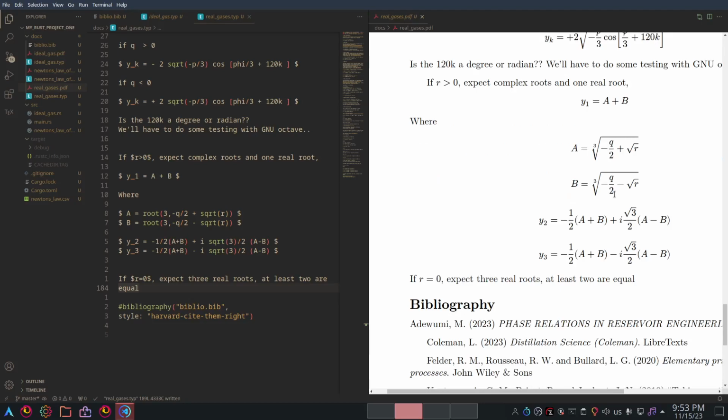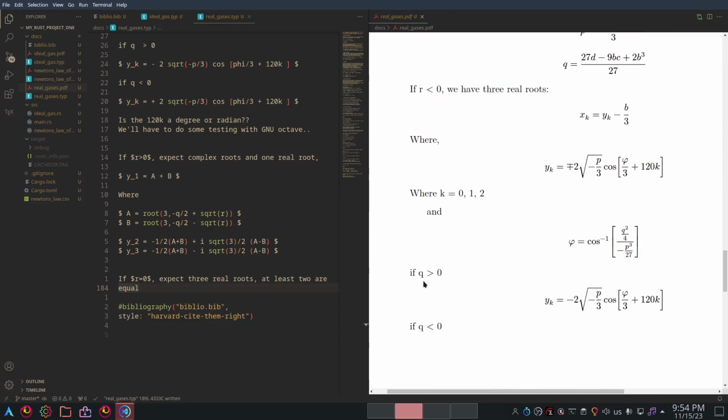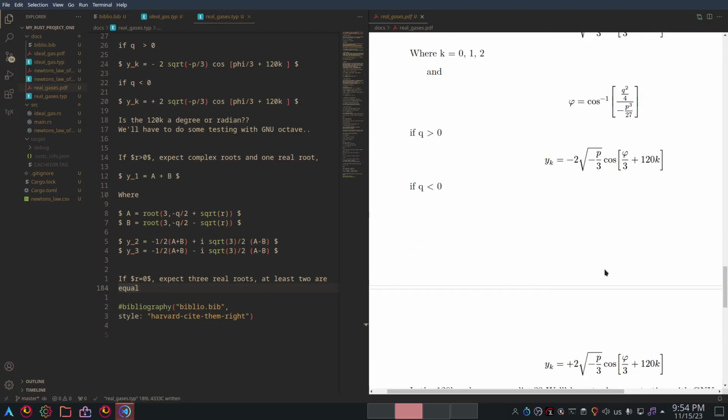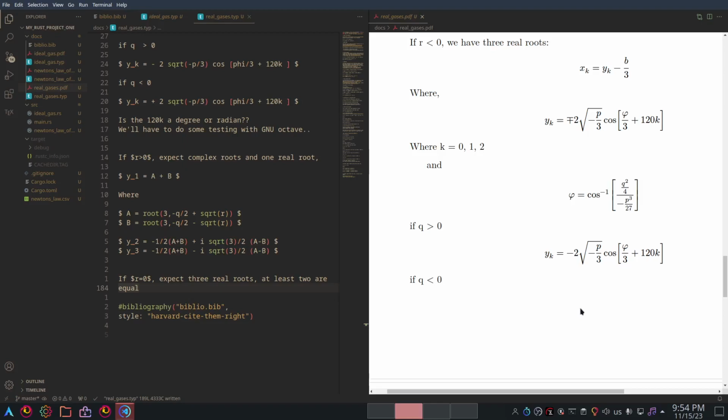If R is less than 0, we solve it a certain way as well. So you can see there's an if-else statement already, and we can always write that in Rust. Again, if Q is more than 0 or Q is less than 0, we'll solve things a certain way. You will have roots being shown in certain ways. So that is some of the things we need to do.